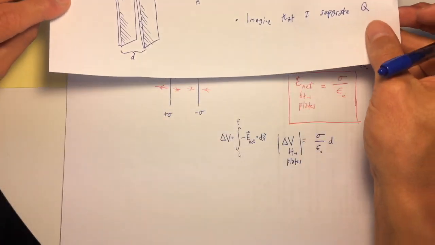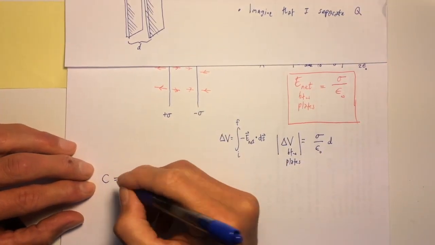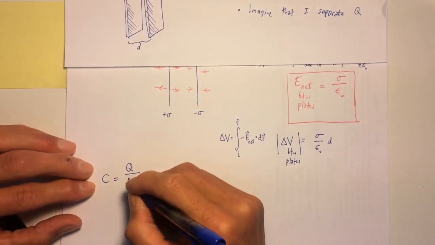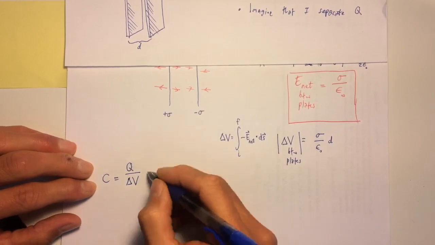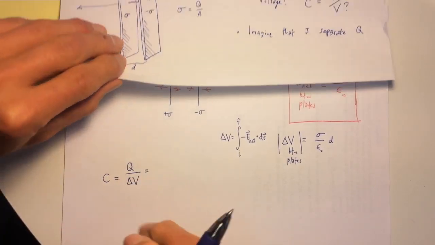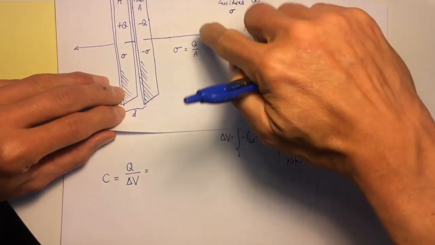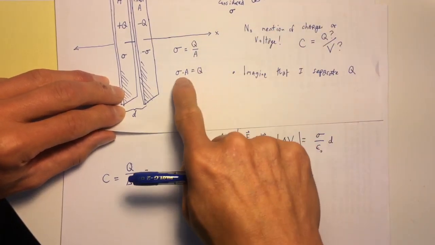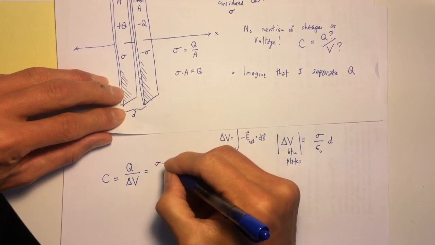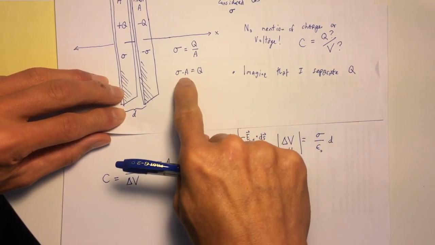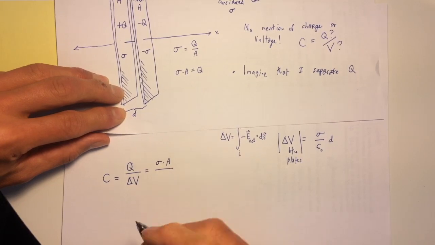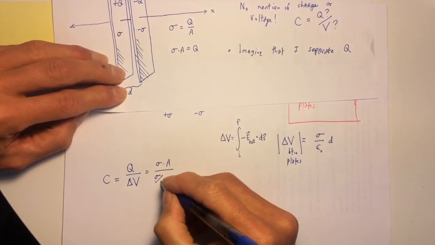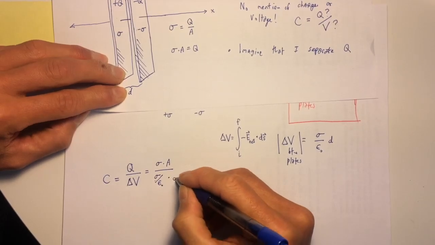So if I calculate capacitance, I imagine separating the charge Q, and there is an associated potential difference delta V. Another way to write the charge Q is sigma times A equals Q. So I'm going to write it instead as sigma times A. Then I divide by delta V, and delta V is sigma over epsilon naught, multiplied by d.